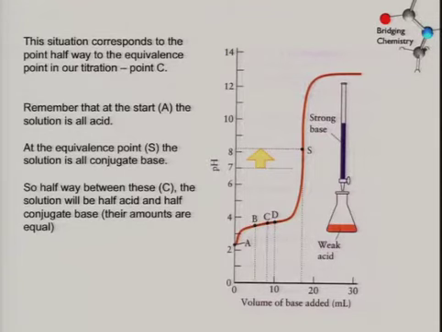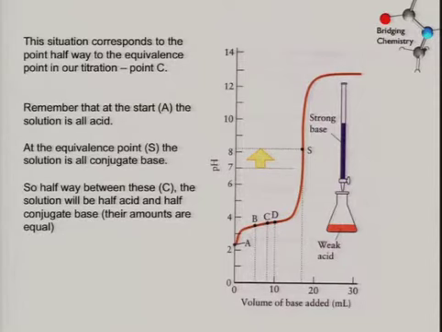I've added half the amount of hydroxide I need to turn all of my weak acid into conjugate base. And so at that point, I must have half of the weak acid turned into conjugate base and the other half still there. So the amounts are the same.